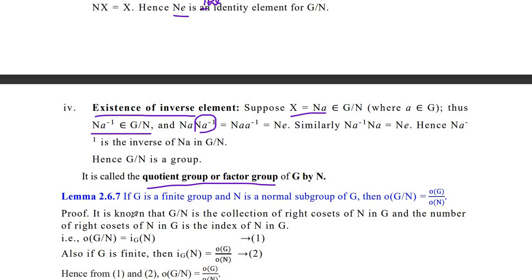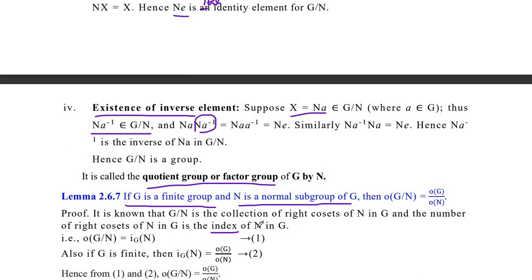Now if G is a finite group and N is normal in G, then the order of G mod N is order of G by order of N. We know that because G mod N is the collection of all right cosets, the number of right cosets of N in G is nothing but the index of N in G. This is explained in section 2.4 under Lagrange's theorem.